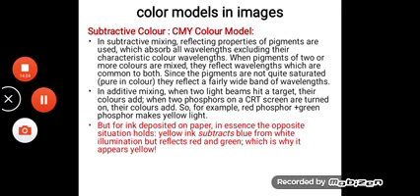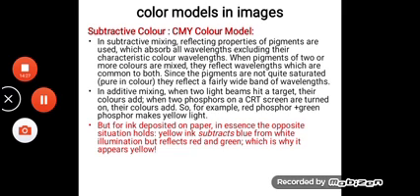But in subtractive mixing, instead of focusing on the additive nature of the color, we focus on the reflective properties. What happens exactly in subtractive mixing is that the reflecting properties of pigments are used, which absorb all the wavelengths excluding their characteristic color wavelength.